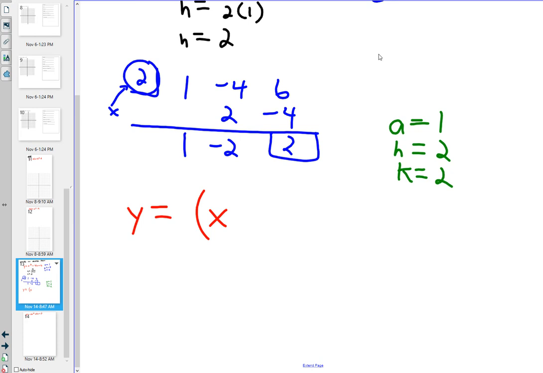H. But if h is 2, you're not going to see a 2 here. What are you going to see? A -2. Then a very common thing, even me, I make this mistake all the time, just careless: I forget to put the square. Put the square. And then finally, what goes on the outside? K, which is +2, and ta-da, vertex form.